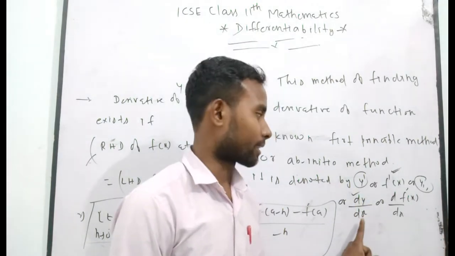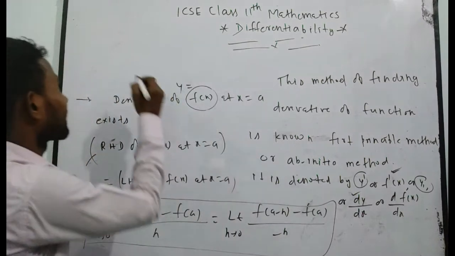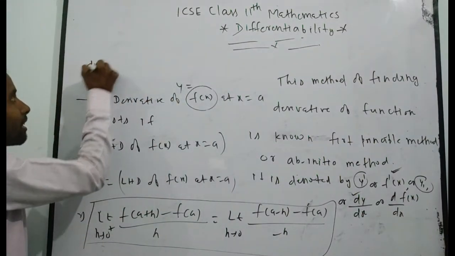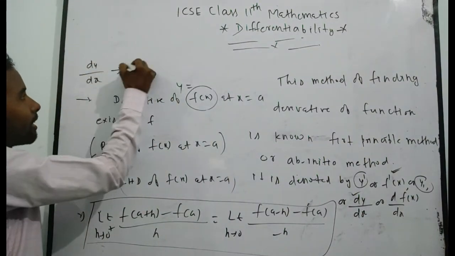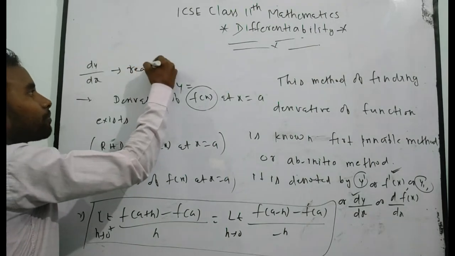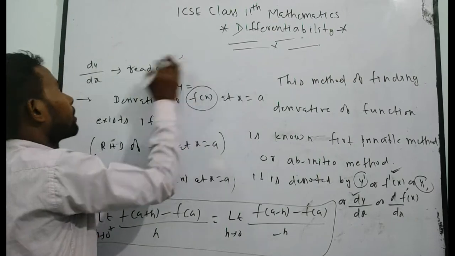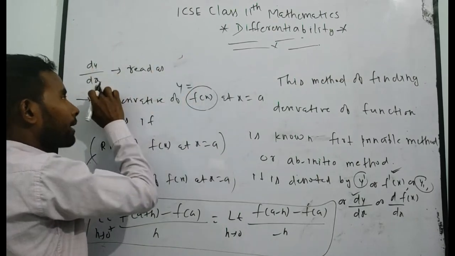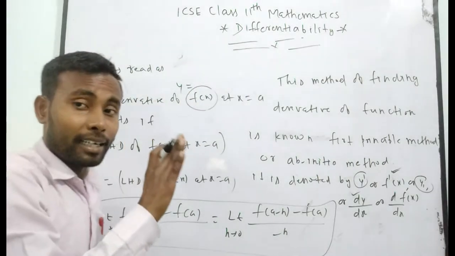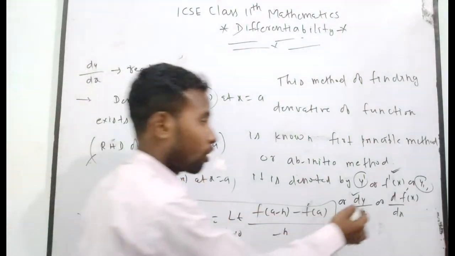This is the wrong way to read it. It is read simply as dy dx. Don't read it as a ratio, because it is not a ratio.